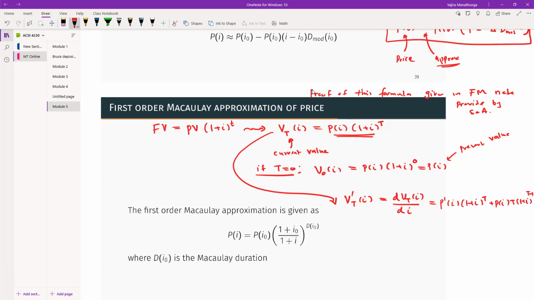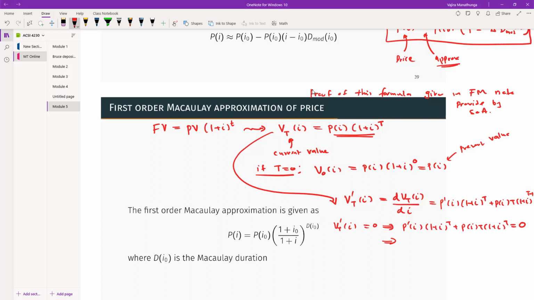So now let's set the derivative to 0. When you set this to 0, you can see that you will have P'(i) (1 plus i) to the t plus P(i) t (1 plus i) to the t minus 1 equals 0. We can solve this for t.